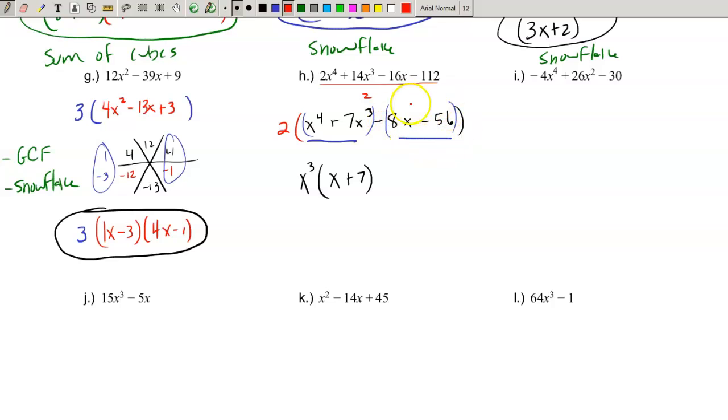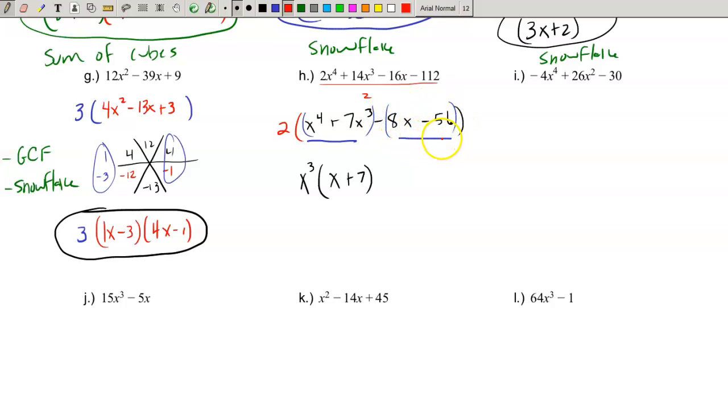The second group, you can see that there's going to be a 7 that is in common between 8x and 56, and really it's a minus 8x here with that group. Now, the trick here is I want this right here to be exactly the same when I pull out my common factor right here. So I have a choice.